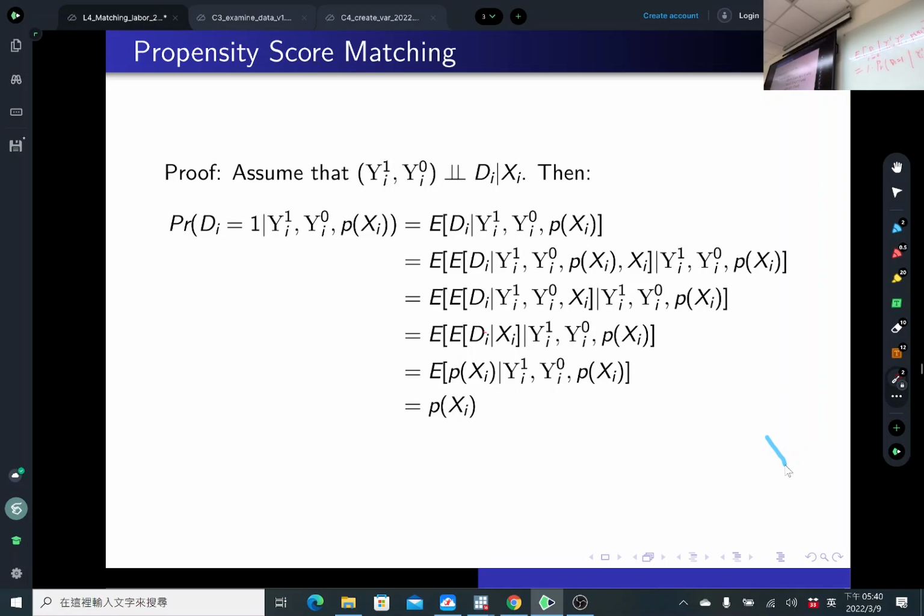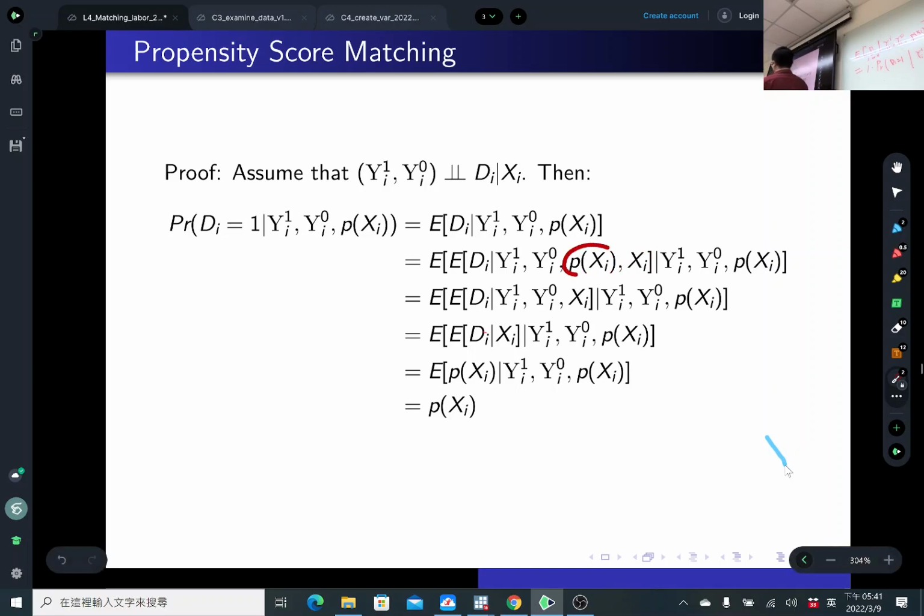Okay. And this term is the law of iterated expectation, which you just learned before. You take the expectation over the subgroups of X, and that will be the same thing as this term. The next term is due to, when you control the covariates, the X characteristics, it's the same.